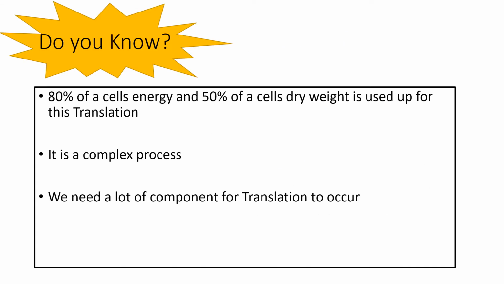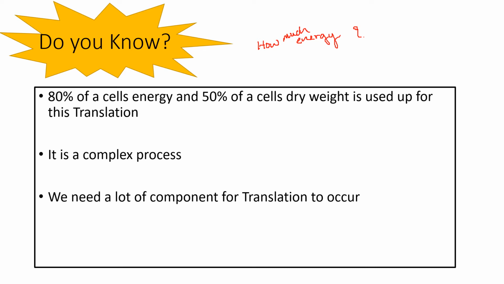Do you know 80% of a cell's energy and 50% of the cell's dry weight is used up for the translation process? So you know how much energy our translation mechanism requires? It needs a lot of energy for this process, as it is a complex process.